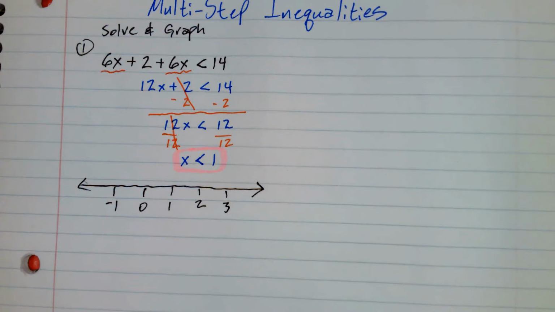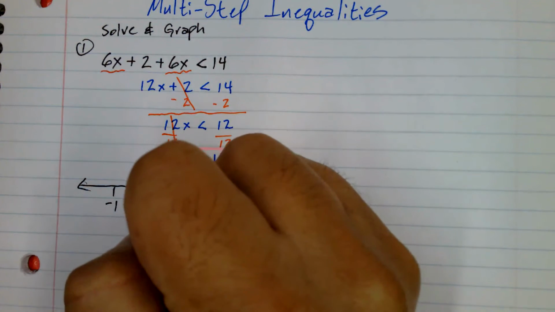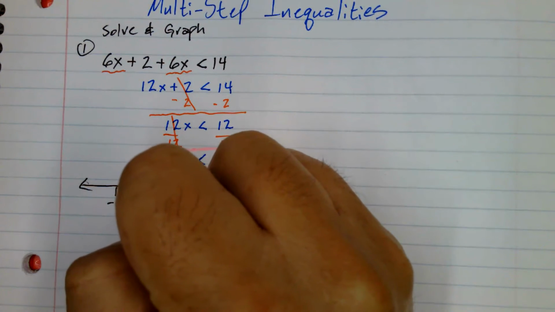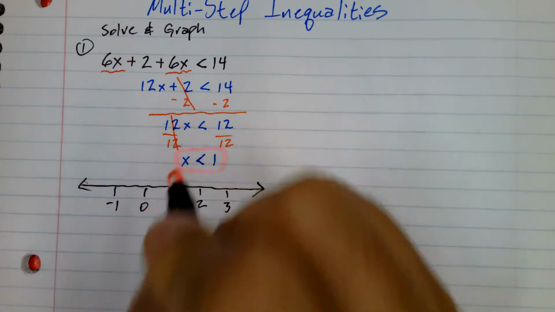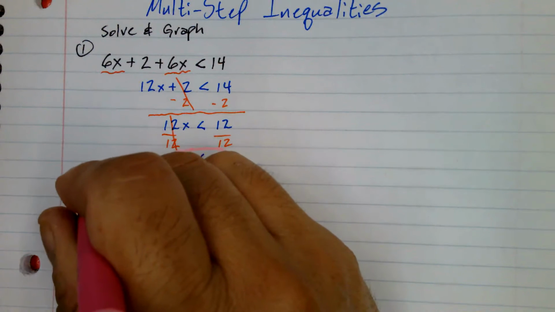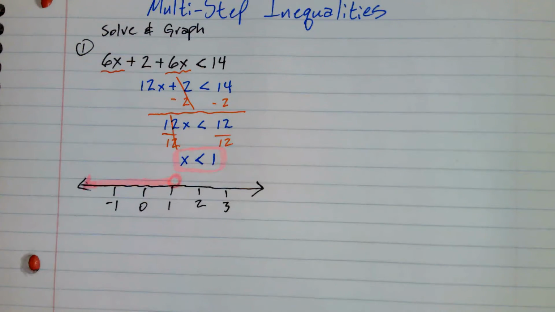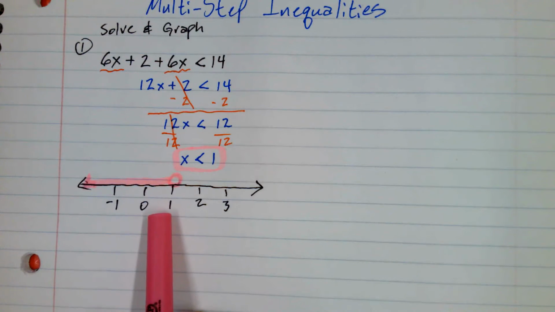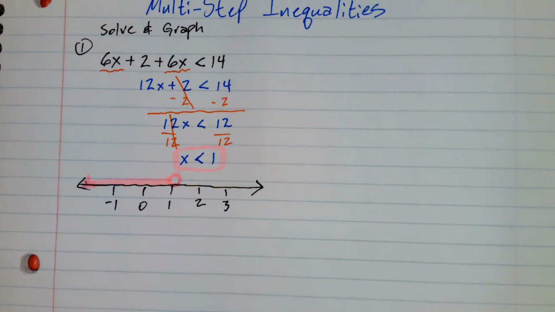So we want, as our solution, all real numbers less than 1. So 1 cannot be an answer, but basically anything smaller than that is up for grabs. Okay? So 0.999999999 would be an answer, but 1 itself cannot.